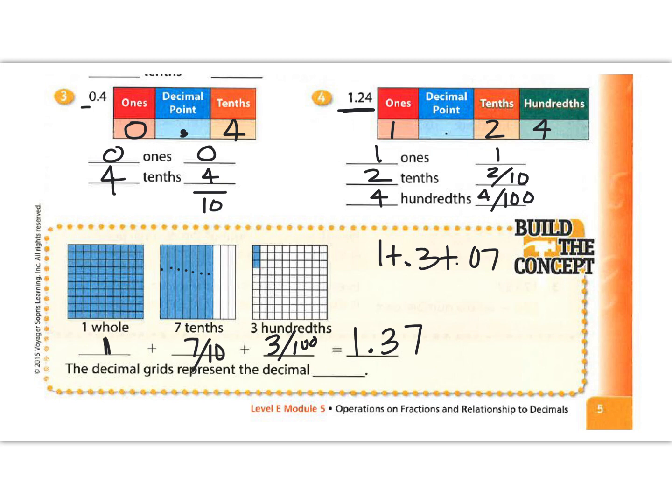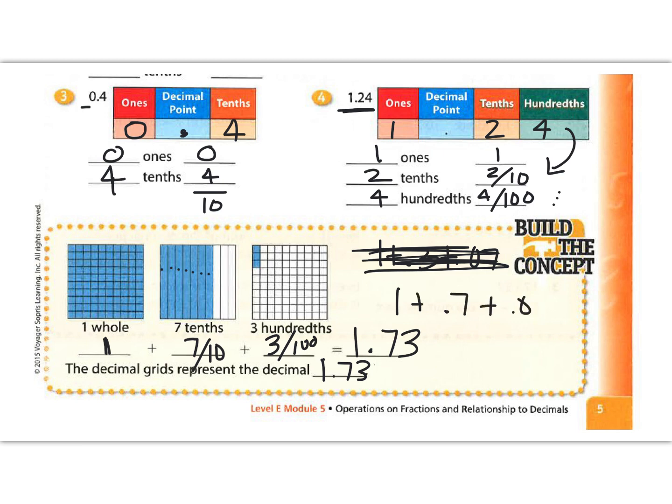So we kind of went the opposite way than we did up here, where we had the decimal and then we broke it down into fractions. So the decimal grid represents 1.73. Sorry, I said 37 before. My fault. That should have been 73. Excuse me. So 1 and 73 hundredths. 1 and 73 hundredths. 1 plus 0.7 plus 0.03.